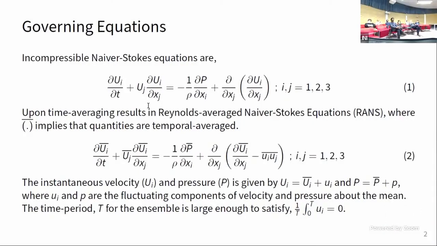Every quantity u bar there is a mean quantity, and from the nonlinear term we have an additional term, which is u_i' u_j'. Everything with a prime implies that it is a fluctuating quantity. That has the proper units of stress as well. There is a viscosity term that's missing, sorry.